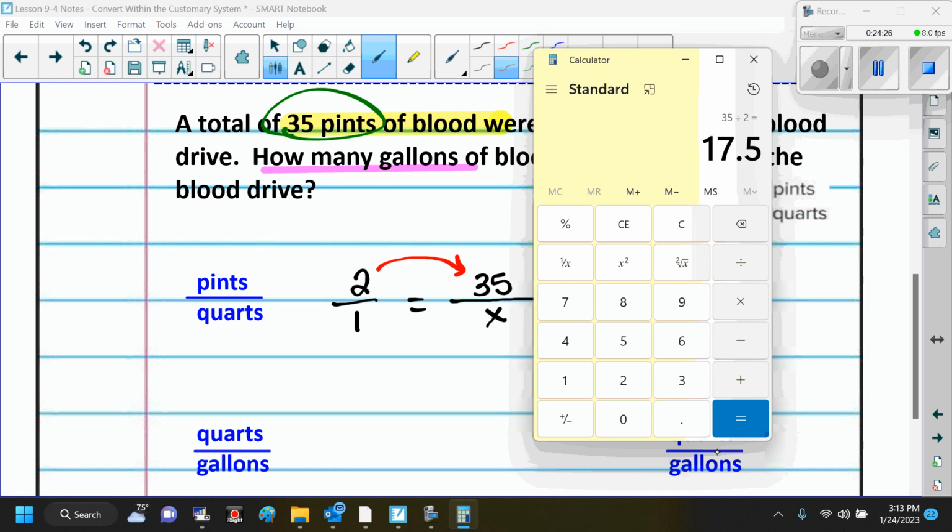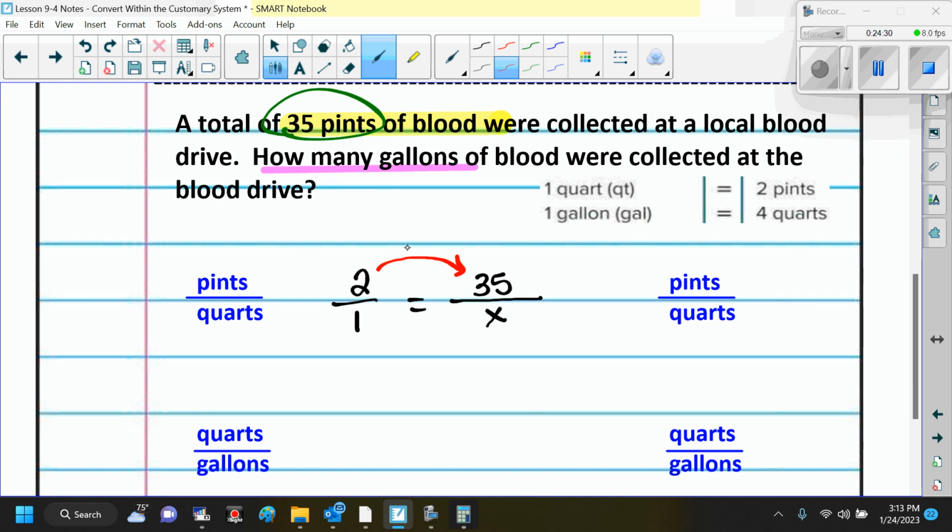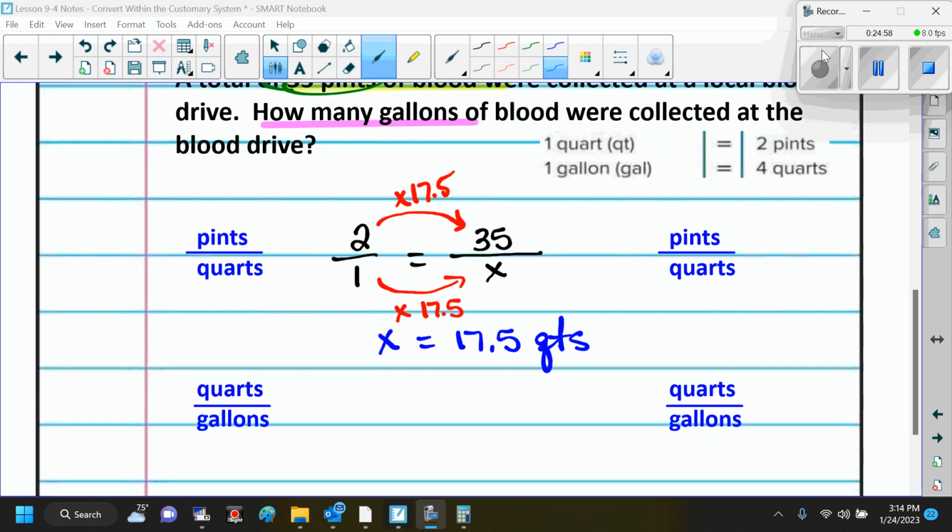So that's how you got the 17.5. Is everybody clear? So we're going to multiply times 17.5 in the numerator, and the same thing down here, times 17.5. So x is equal to 1 times 17.5, which is 17.5 what? Quarts. QTS. Is everybody clear with that?